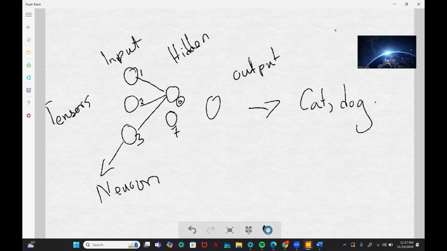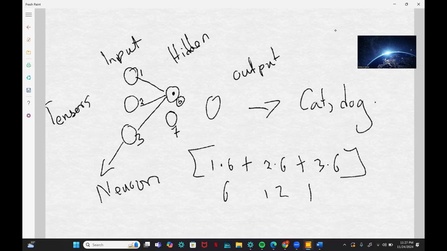For example, the output for this neuron right here would be 1 times 6 plus 2 times 6 plus 3 times 6. Once you do the math with all of this, let's do that: 6, 12, 18, 30, 36.